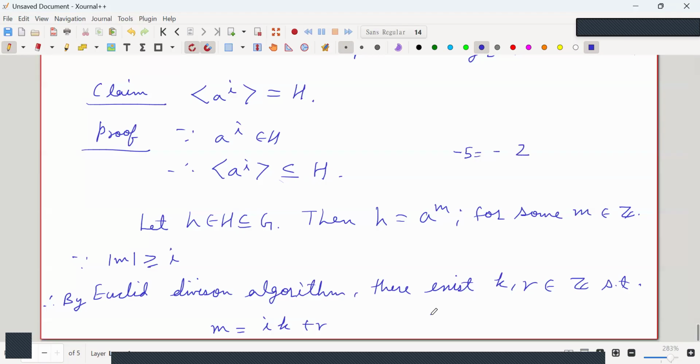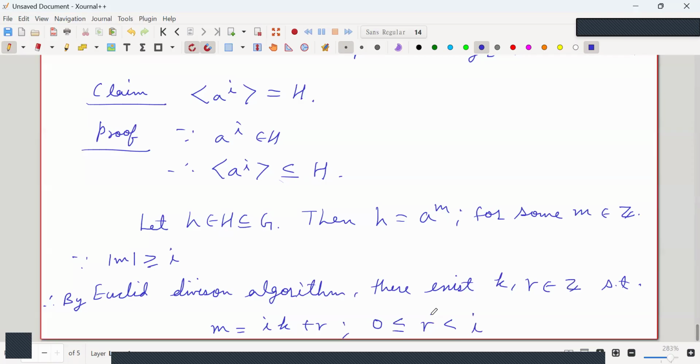If I take i to be 2, then it should be minus 3 hash and plus 1. So not both of them belong to Z positive, but r is inside Z positive, such that 0 is less than or equal to r, strictly less than i.